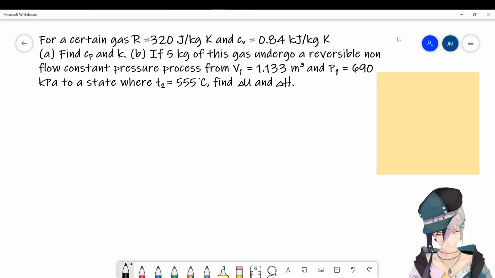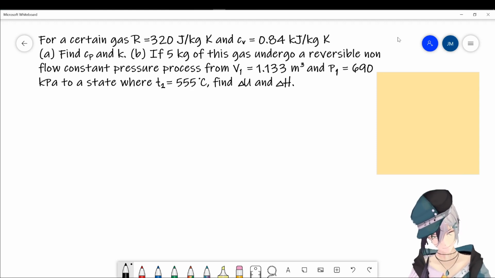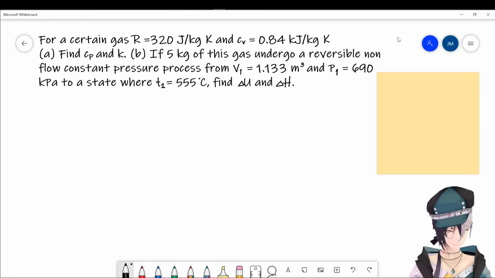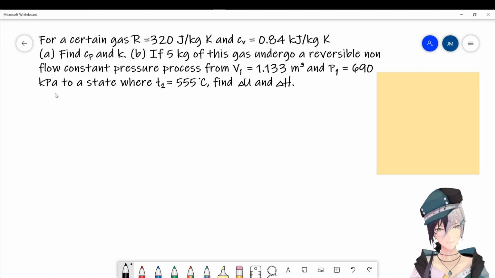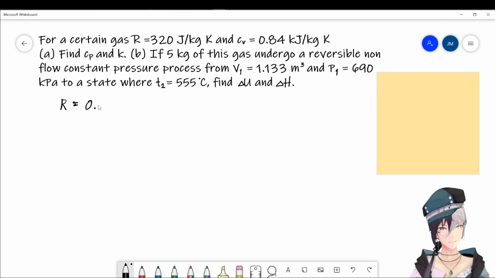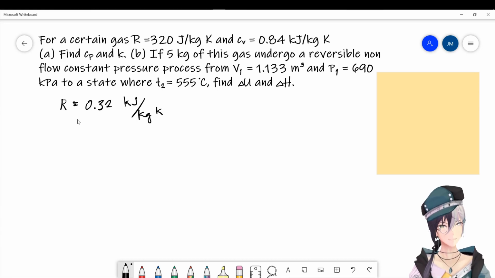Okay, so let's solve this one. So R. Okay, so be careful with the units. So I will now express this in kilojoules per kilogram Kelvin.